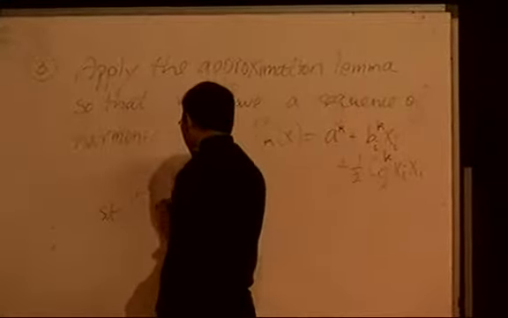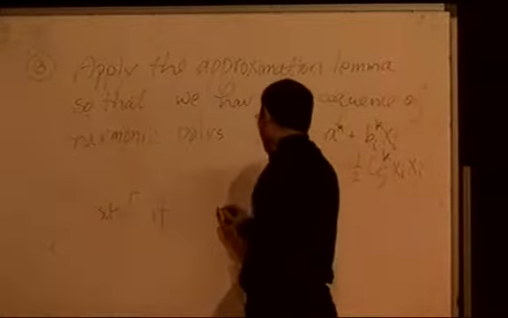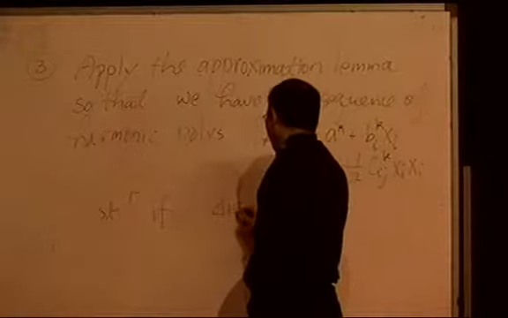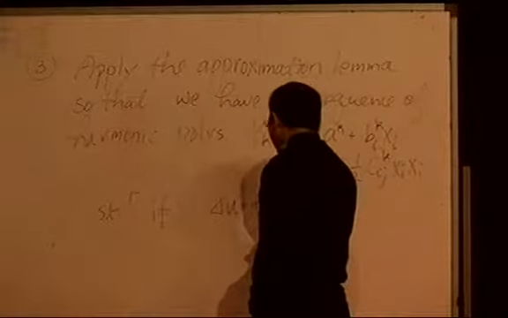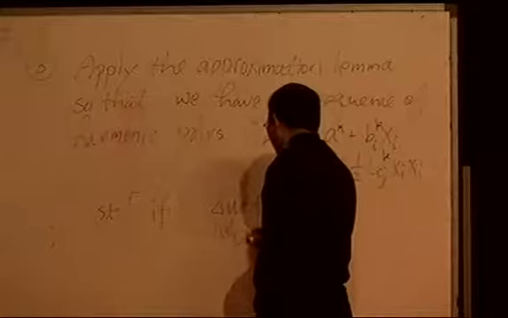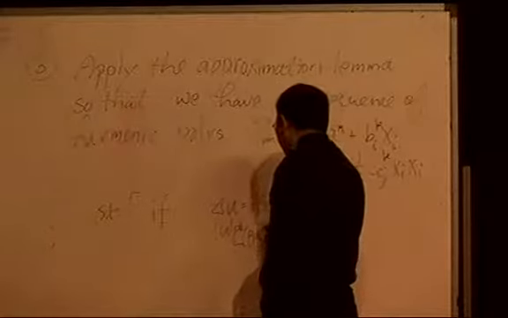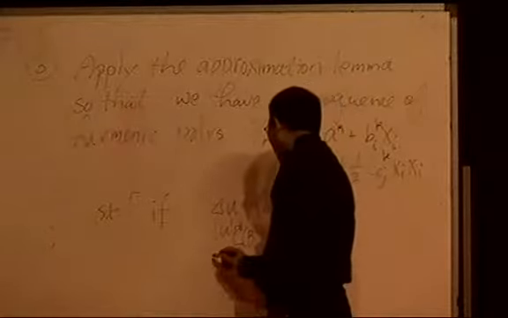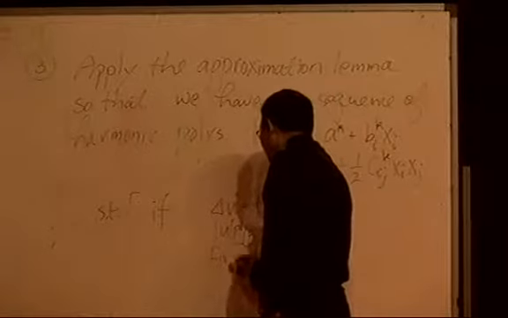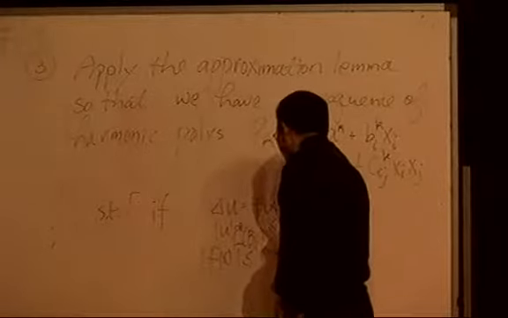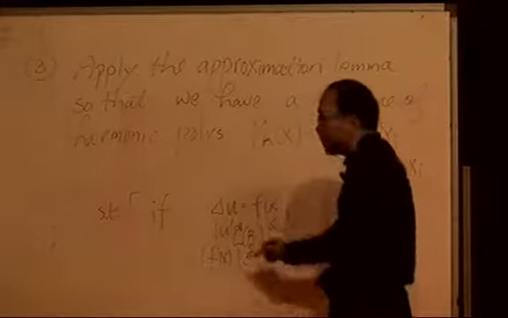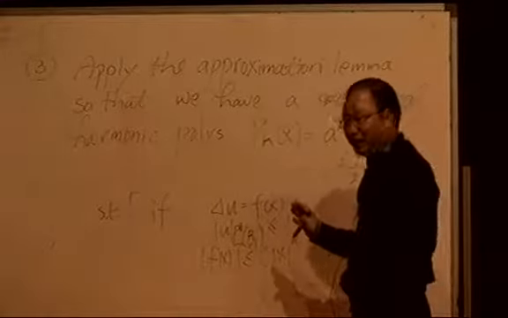and my statement is started here. If Laplacian of u is f of x, and the sup norm of u in B_1 is less than 1, and f of x is smaller than C|x|^alpha, in other words, f is a Hölder function. Okay?